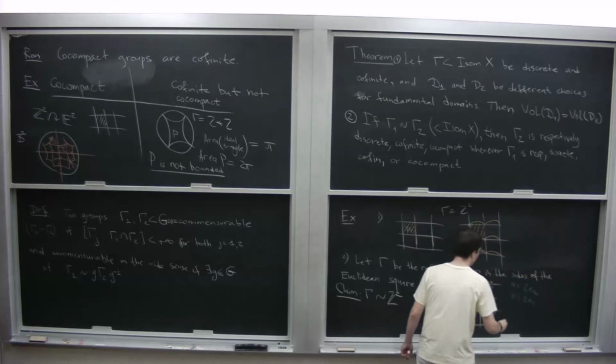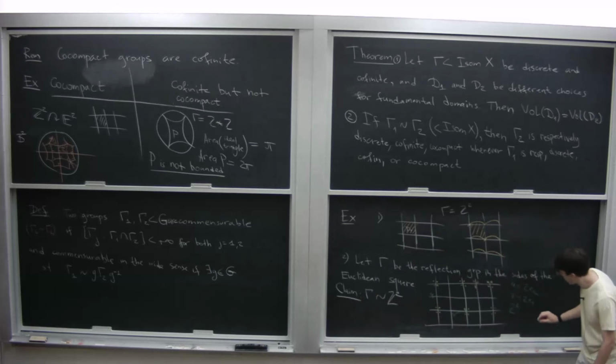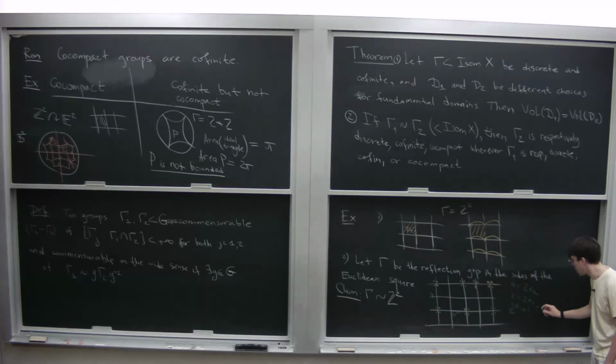And then my Z squared is just generated by the translations tau a, where a is the vector m u plus n v, where both m and n are integers, right?